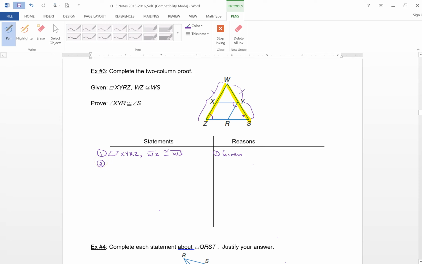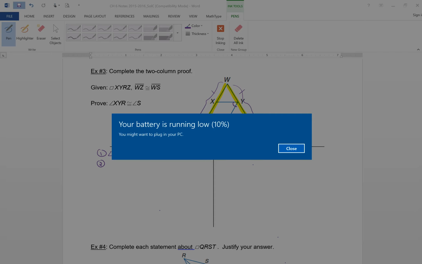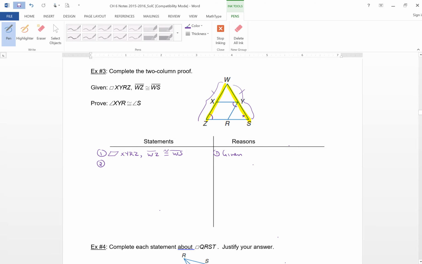One more time, slower. Okay. Now, 1, 2, 3. Angle Z is congruent to angle XYR because a parallelogram means opposite angles are congruent. Number 3.